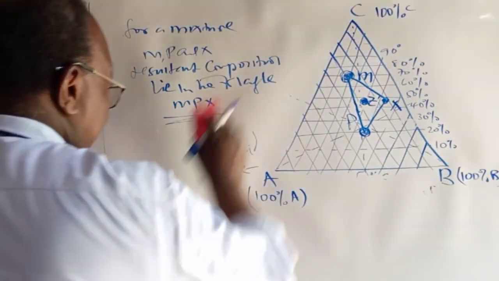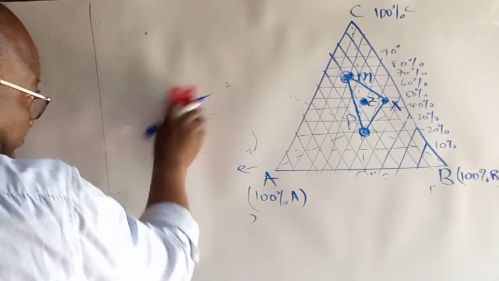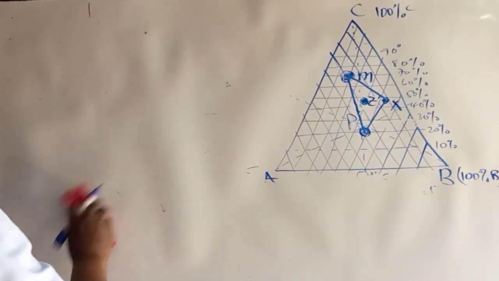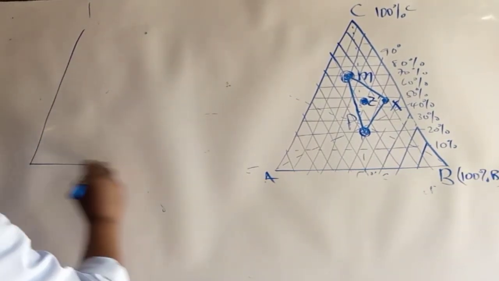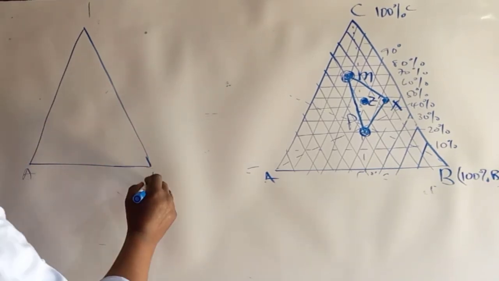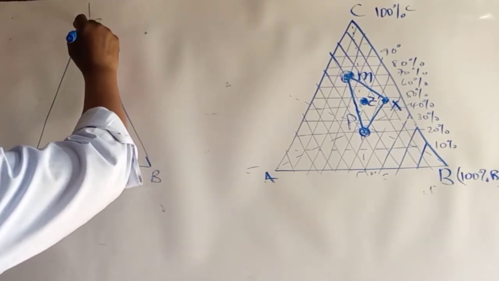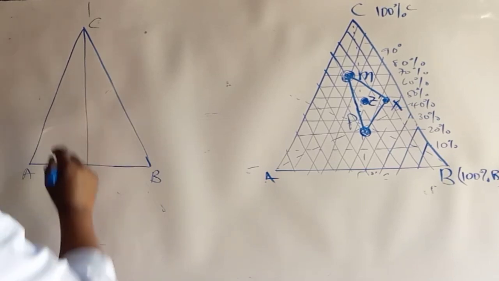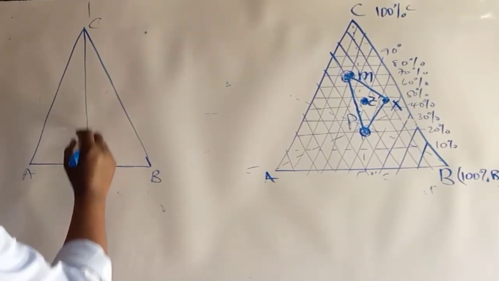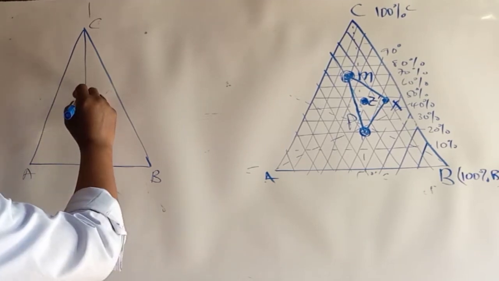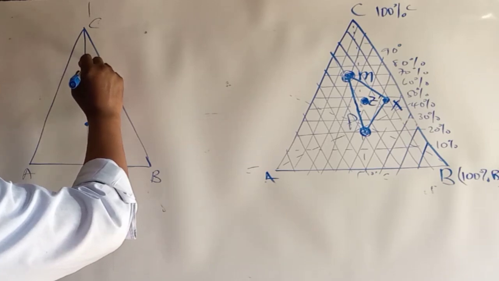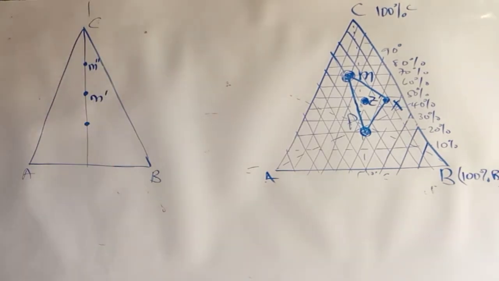The other point is, if we have our triangle for representing the compositions A, B, and C, and you join the apex C, then all compositions on this line along the apex C, let us call this M prime, that is M double prime.